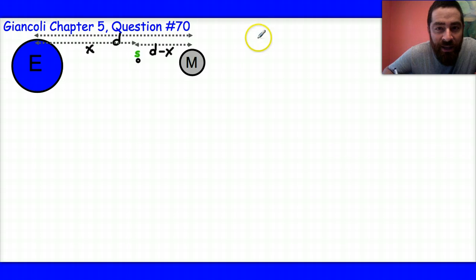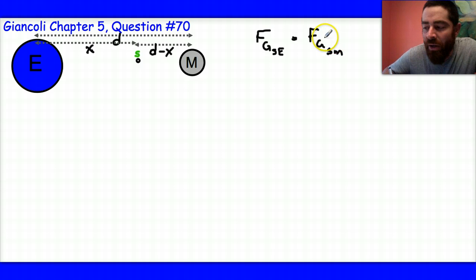We should recognize that F sub g between the spacecraft and the Earth at that point must be equal to the gravitational force between the spacecraft and the Moon at that point. That allows me to write two equations and set them equal to each other.